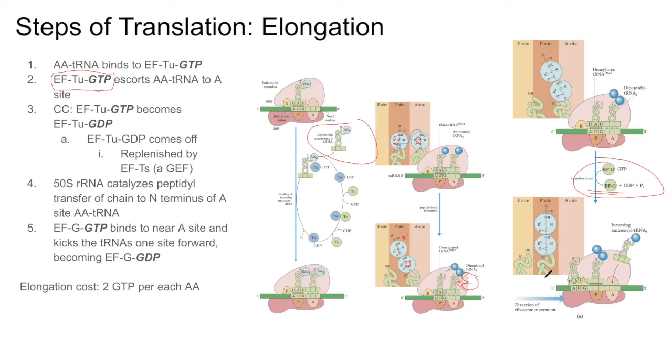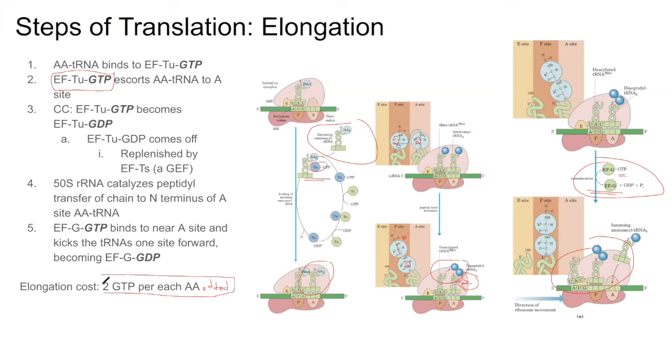So we've now done three things. We've delivered the next amino acid, we've made the new peptide bond, and we've shifted everybody down to the next appropriate site. So, cost. The first thing is EF-Tu GTP uses a GTP. The next thing is EF-G causes you to consume a GTP. As a result, every time you add an amino acid, you consume 2 GTP.